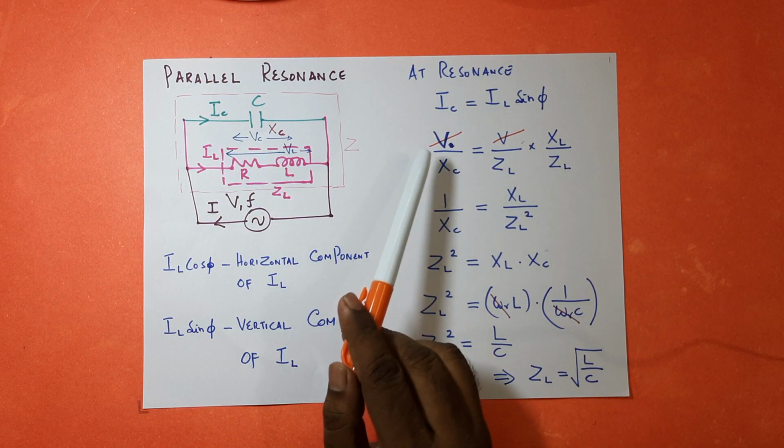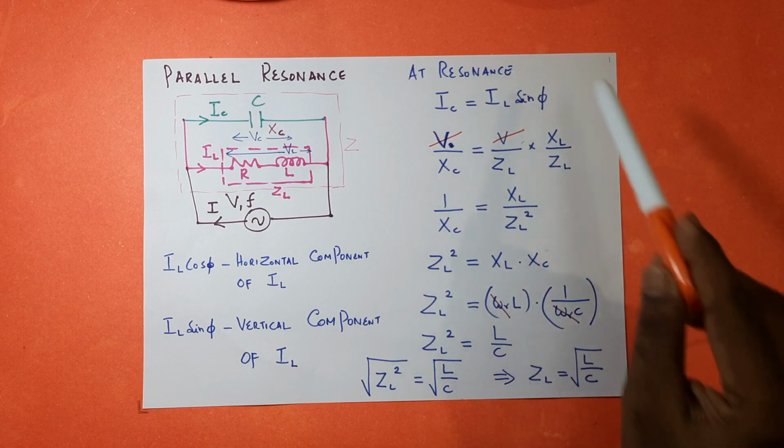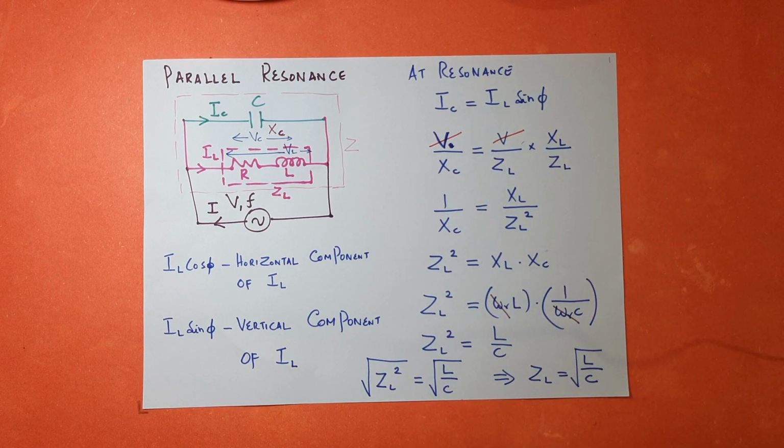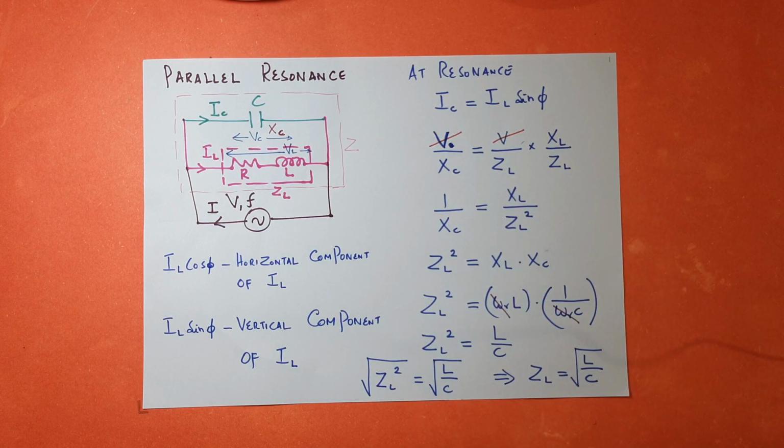So IC equals V by XC, and IL is V by ZL. Sin phi, we have already seen, is nothing but XL divided by ZL. So V and V get cancelled. So we write 1 by XC equals XL divided by ZL square. So ZL square equals XL into XC.